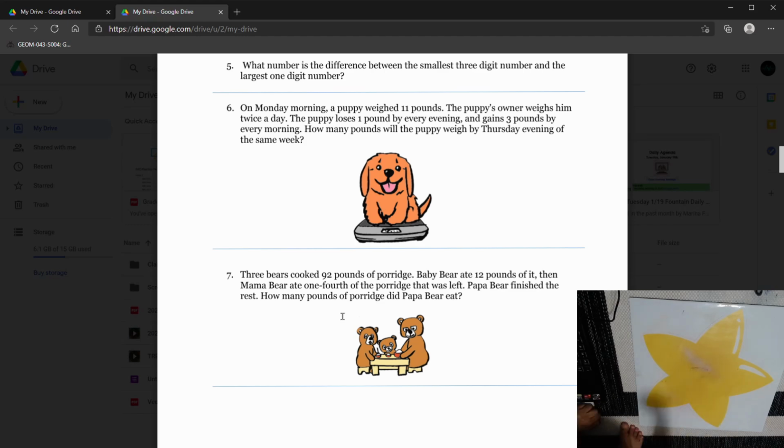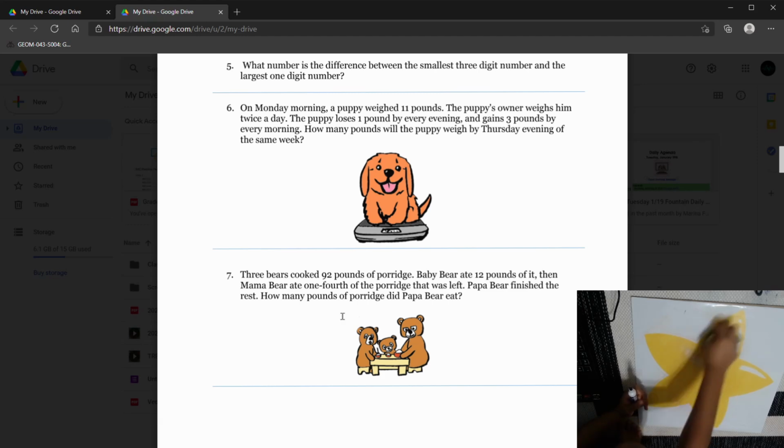Okay, so we know that the total the bears had was 92 pounds of porridge. So first we find how much is left after baby bear eats. That's 92 minus 12, which is 80. And so 1/4 of 80 is basically 80 divided by 4, and what we would get is 20.